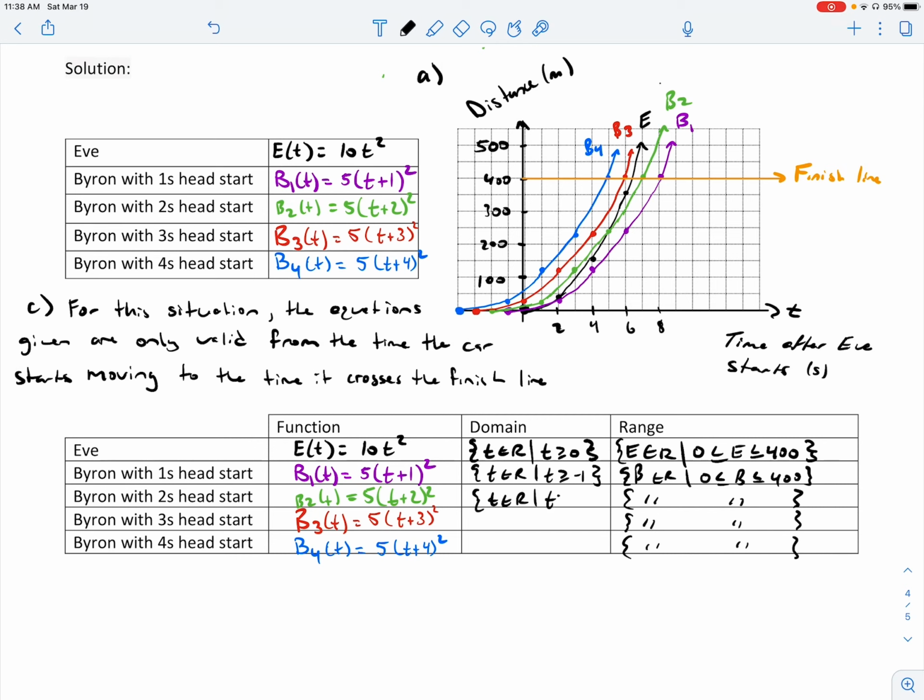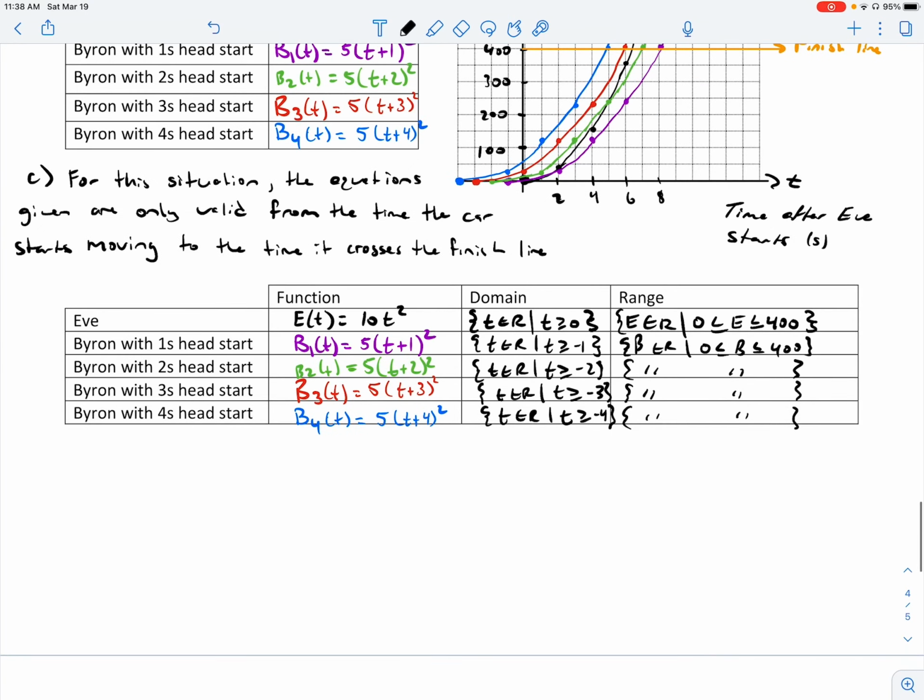A 2 second head start, we'll put -2, then a 3 second, -3, and lastly, a 4 second head start would be T greater than -4. So that's the domain and range for all those functions.